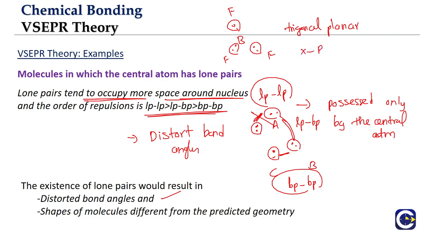If you look at the shape of the molecule by X-ray diffraction or other methods, you will only see the nuclei of the atoms, not the electrons. We will see a fluorine here, another fluorine here, another fluorine here, and boron at the center. So the shape of the molecule is trigonal planar.